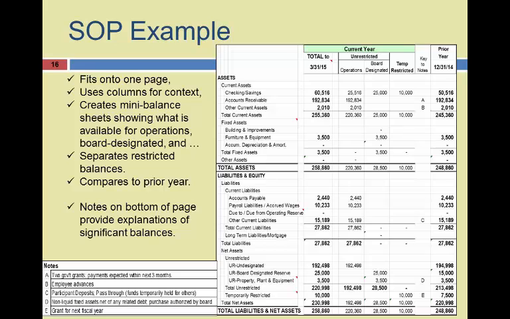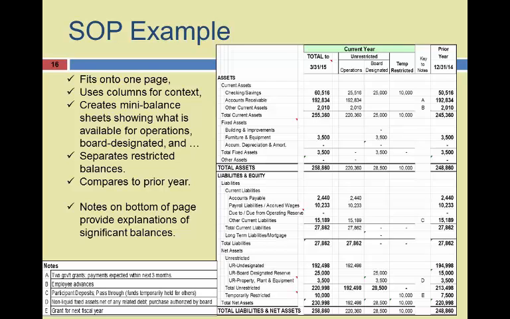So here's a picture of a one-sheet balance sheet that I think is a good example. It fits onto one page. It uses the columns for context. It creates mini balance sheets for what's available for operations, what the board has set aside, and what the restricted balances are. And it also provides a comparison to the prior year.